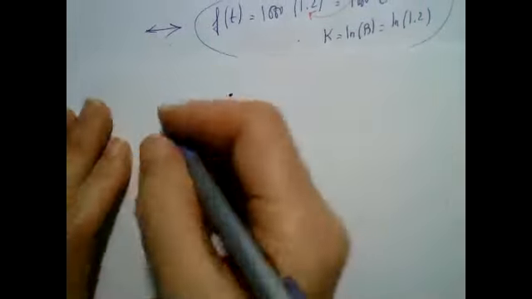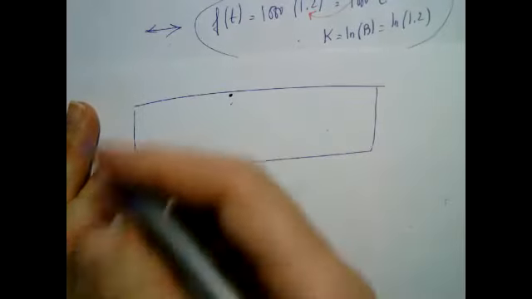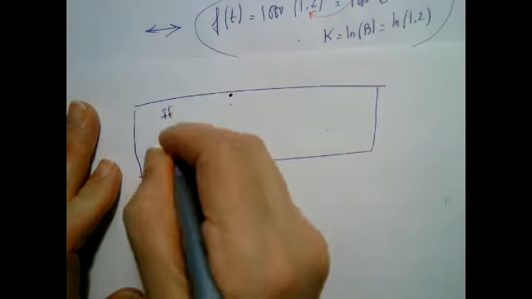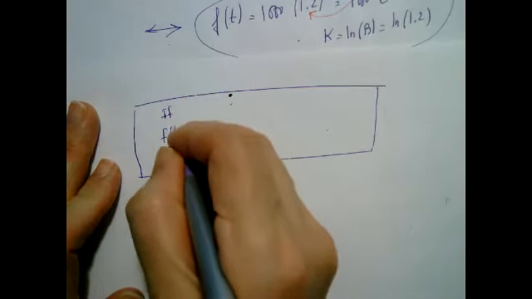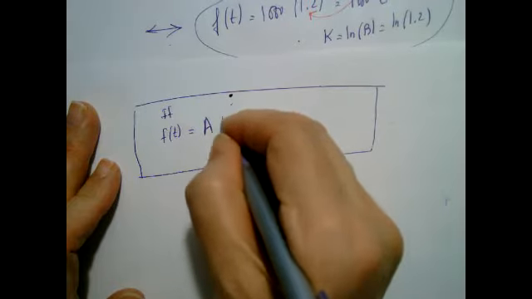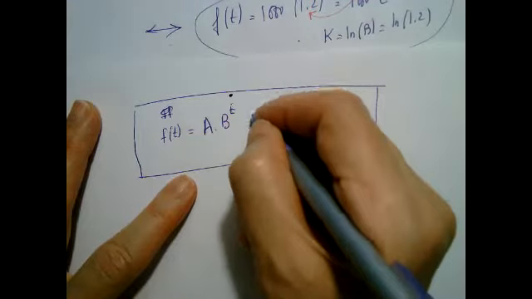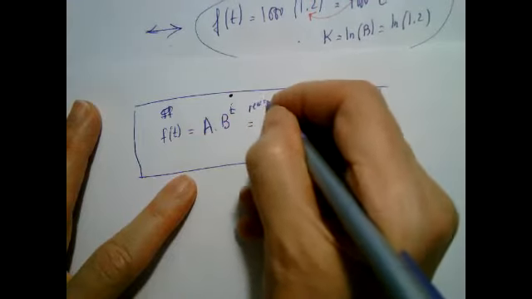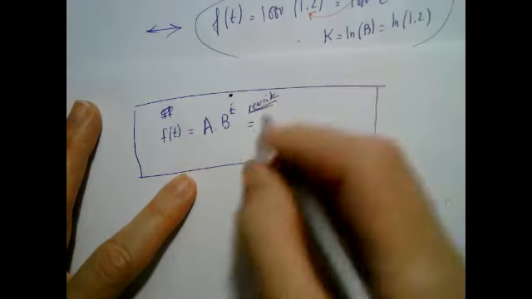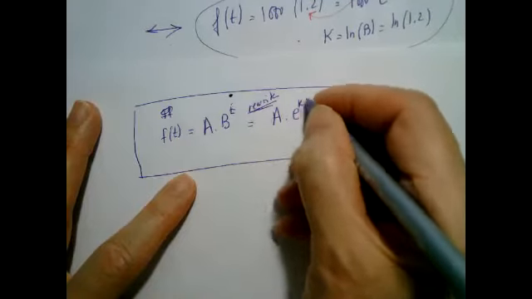I'm going to have two summaries. So in general, if f of t has the form a times b to the power t, I can rewrite, and the word rewrite is crucial, I can rewrite it as a times e to the kt.